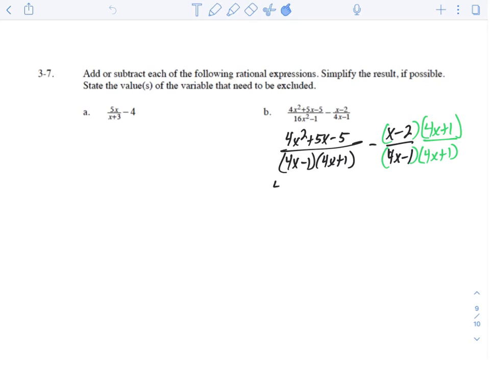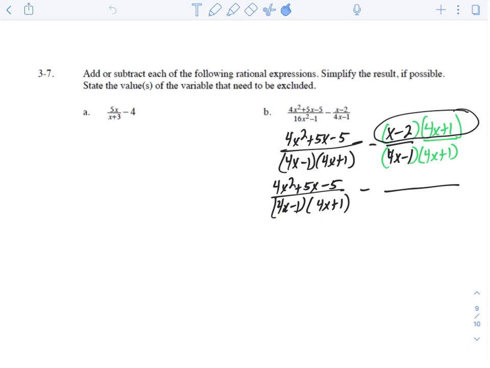And what that gives me now is 4x squared plus 5x minus 5 over 4x minus 1 times 4x plus 1, minus, and I'm going to expand this while I'm rewriting this.